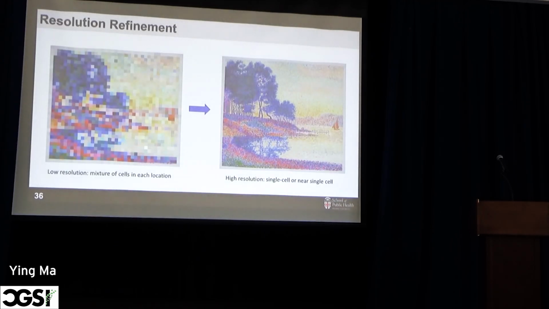Another task for deconvolution is, can we do a high-resolution refinement? Here the low resolution means that each location represents a mixture of cells. The high resolution is that we want to know what exactly the expression is at each location, at single cell resolution, near single cell, or even subcellular resolution.